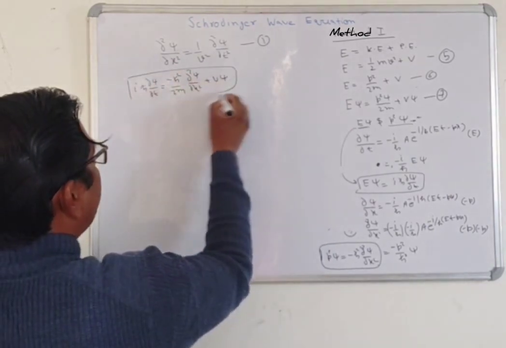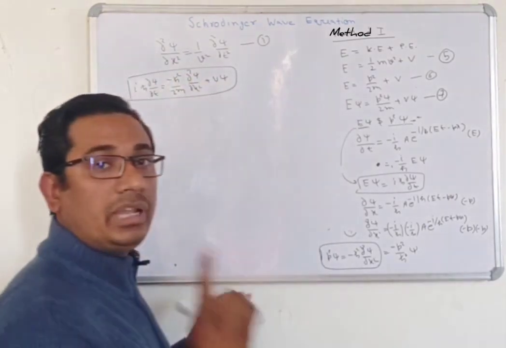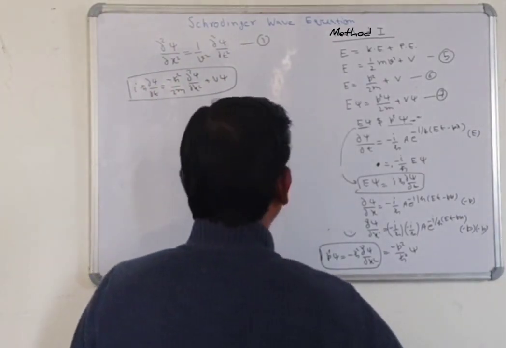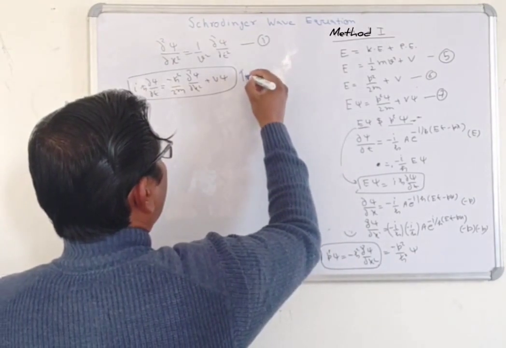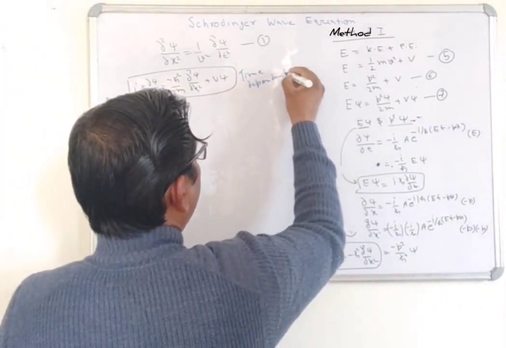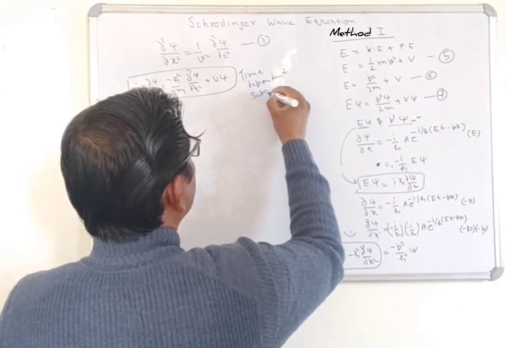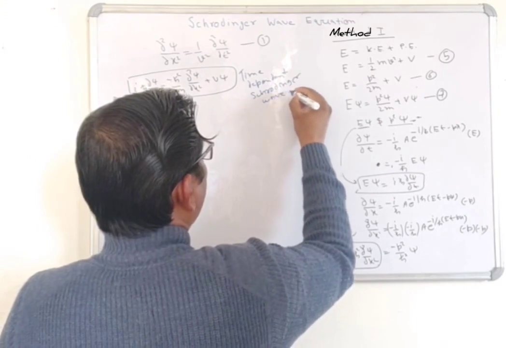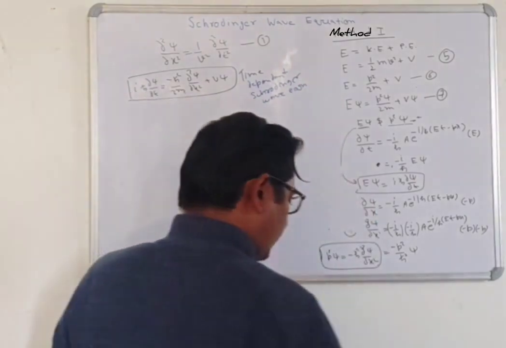This equation is known as the time dependent Schrodinger wave equation.